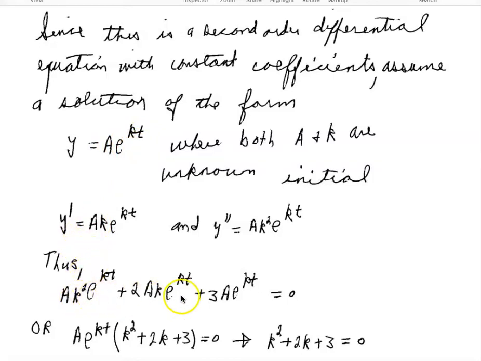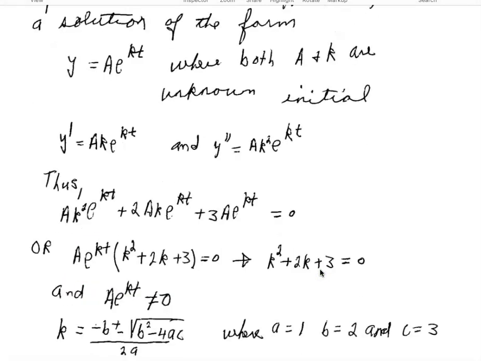You substitute, and you can factor out capital A e to the kt, and you're left with this indicial equation, that the quantity k squared plus 2k plus 3 must equal 0. It must equal 0. You don't want the other part to be 0, because if so, you don't have a solution at all. But it's okay to assign this part equal to 0.